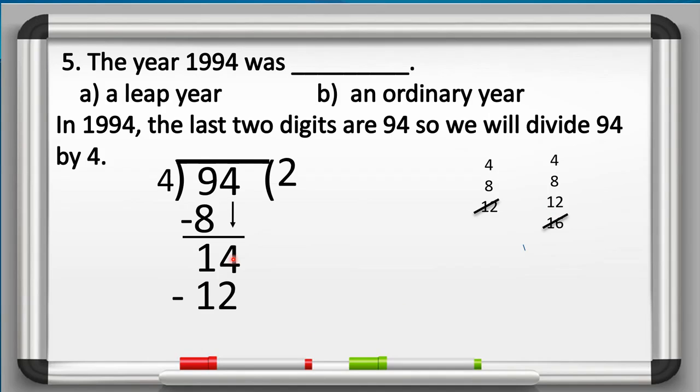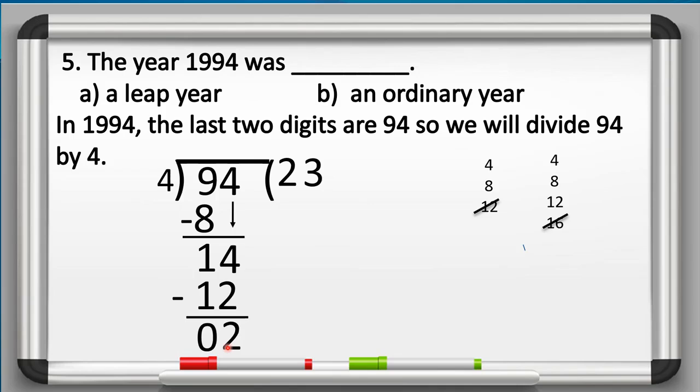Okay, and at which number it comes? At number 3. So here we will write 3. Now we will subtract 4 minus 2 and that is equal to 2 and 1 minus 1 is equal to 0. So here you can see that 94 is not properly divisible by 4 because here remainder is 2.